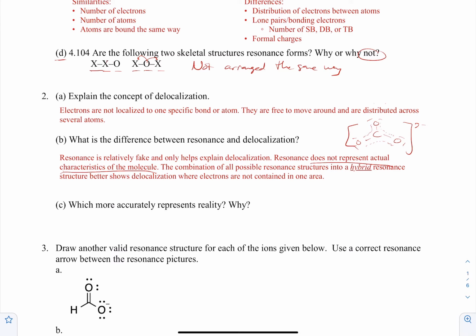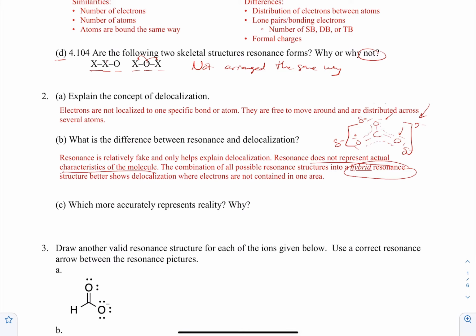The combination of all those, like I was saying, into a hybrid resonance structure, like I show here, is kind of the best way to show delocalization, where electrons are not just contained on this oxygen or this oxygen or this oxygen. And in fact, we actually write lowercase delta negative to show that there are partial negative charges on each of those oxygens, because each of the resonance structures shows one on each of those. So which one more accurately represents reality?